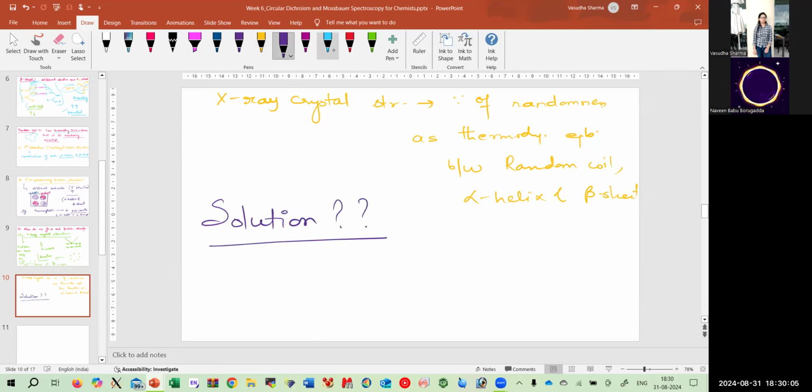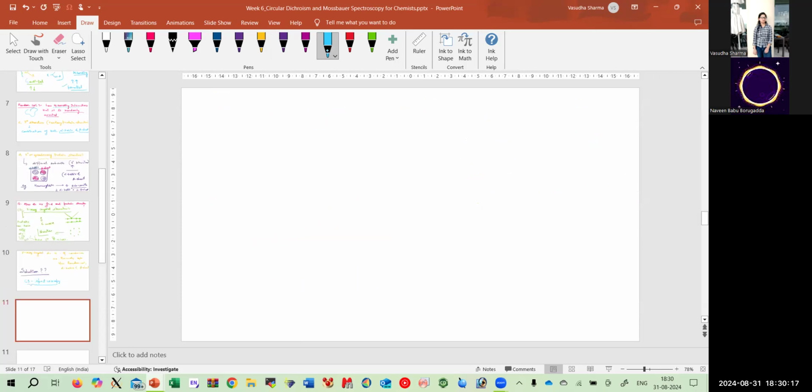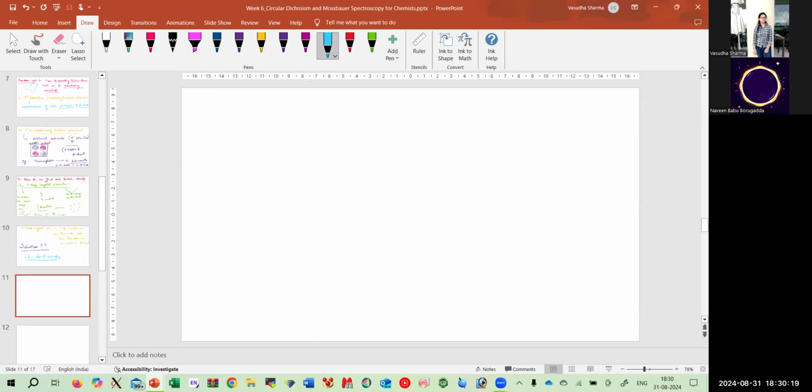So here comes the topic of your course, which is the CD spectroscopy, circular dichroism spectroscopy, which we have already discussed in the last session. What is CD spectroscopy? We have already seen that CD is circular dichroism. This is the motion that we are talking about, it goes in a circular motion.